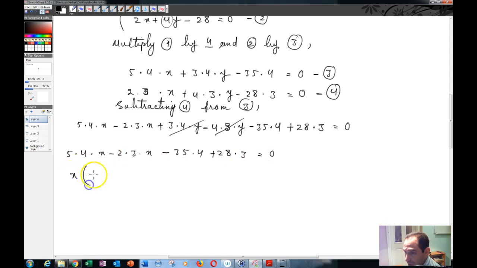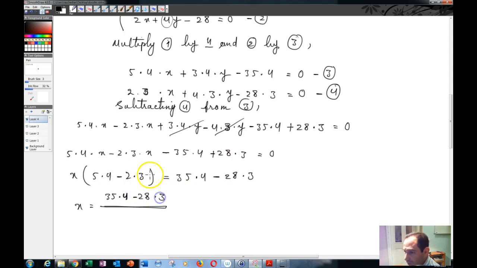Then you can take x out: 5 times 4 minus 2 times 3, and take the constants to the other side of the equation, 35 times 4 minus 28 times 3. Then your x would be equal to 35 times 4 minus 28 times 3, over 5 times 4 minus 2 times 3.